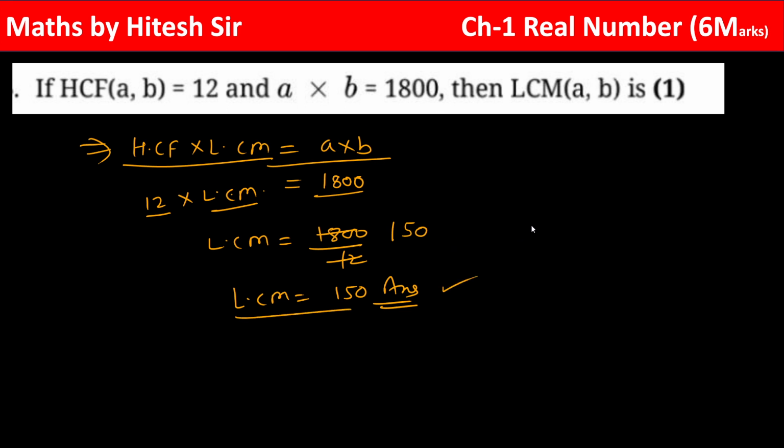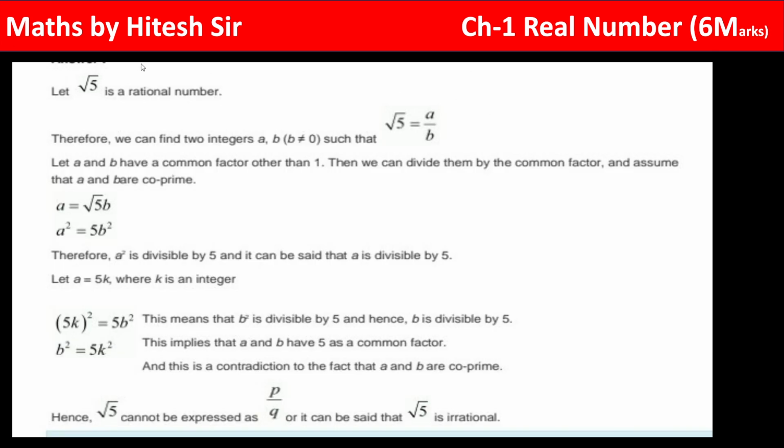Okay, now next, that is very important. We need to understand: prove that root 5 is an irrational number. What do we need to do? First, we assume that it is a rational number.